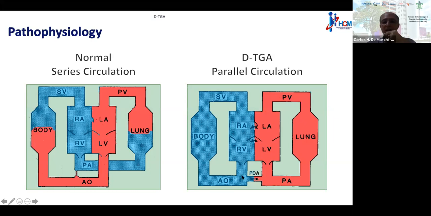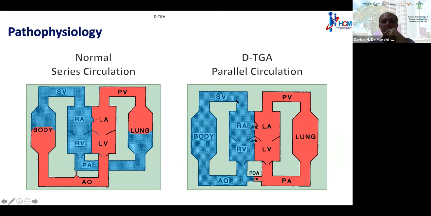In DTGA, the single change, switching the aorta from the right ventricle and the pulmonary artery from the left ventricle, created two parallel circulations. The systemic circulation is with a low saturation. The venous return with low saturation, desaturated blood, arrives at the right ventricle, and again the systemic circulation.